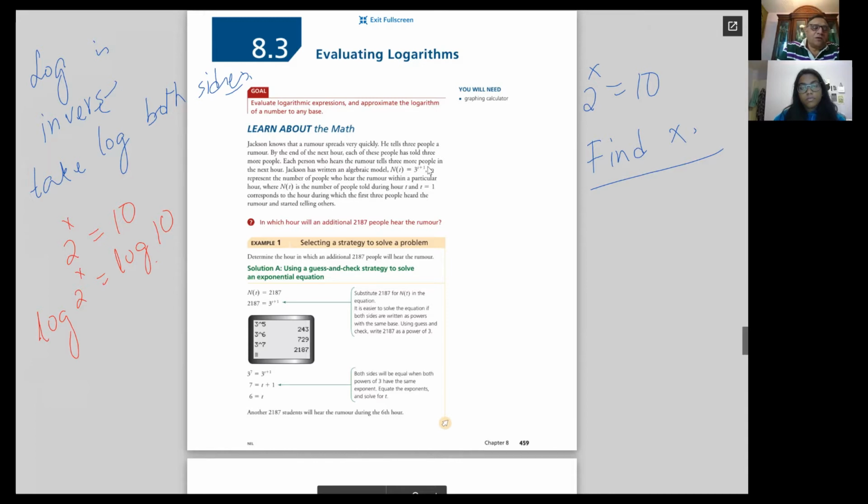And here, we could write log to the base 10 of 2 to the power of x as x times log 2, and that is 1. From here, we get x equals 1 over log 2. You can use the calculator to calculate this value to get the answer. How did you get 1? Okay, very important. Use your calculator. Check what is log 10.